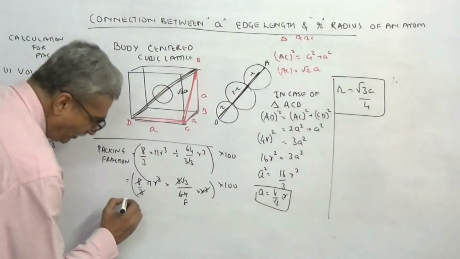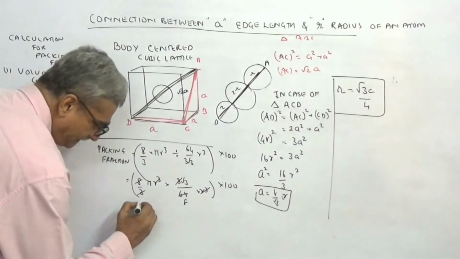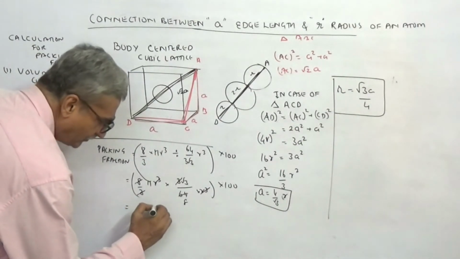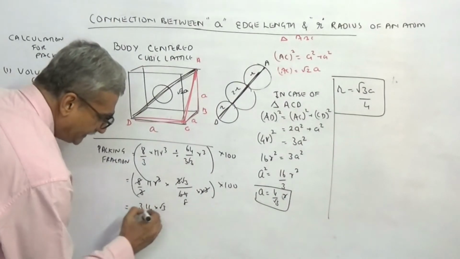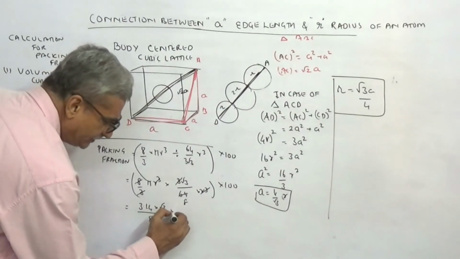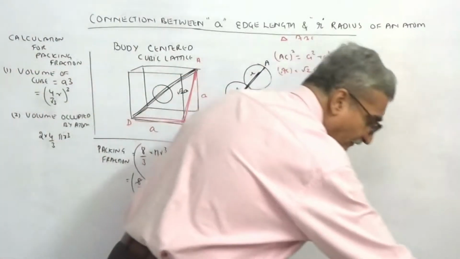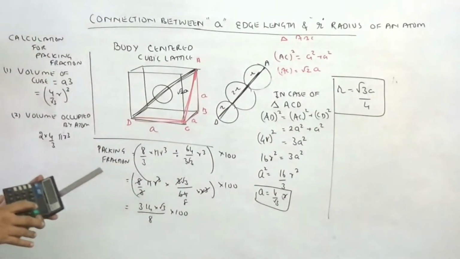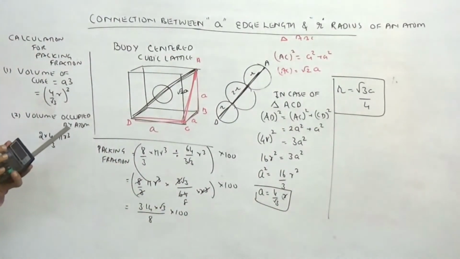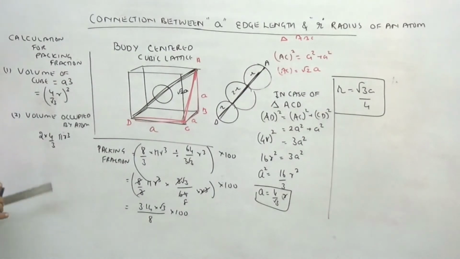So you have therefore, this becomes pi is 3.14 into root 3 upon 8 into 100. So the packing will increase now. Why? Because more number of atoms are present. So root 3 will be how much? 1.732 into 3.14 into 100 divided by 8.